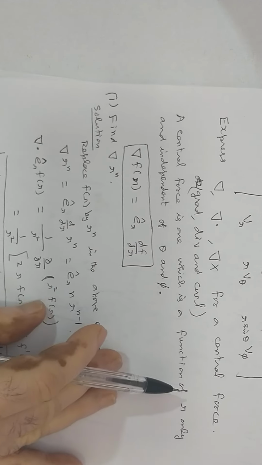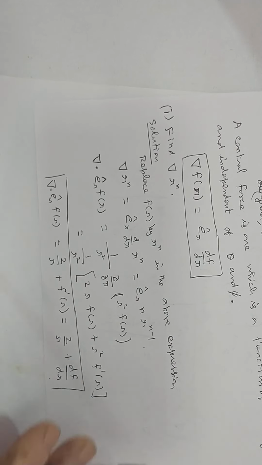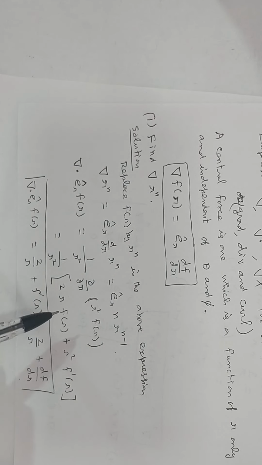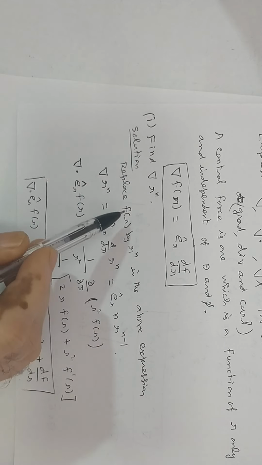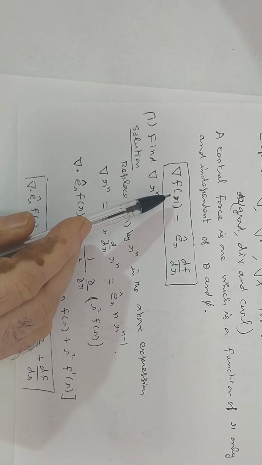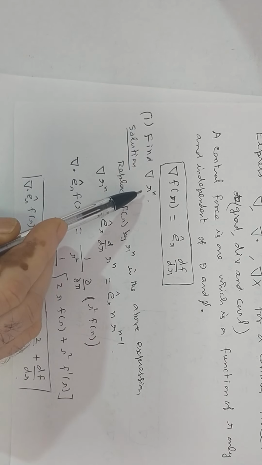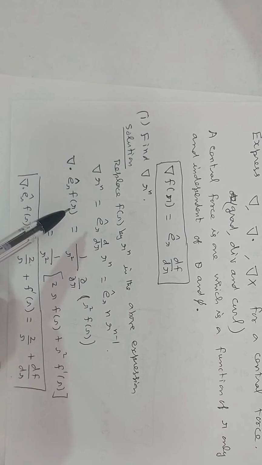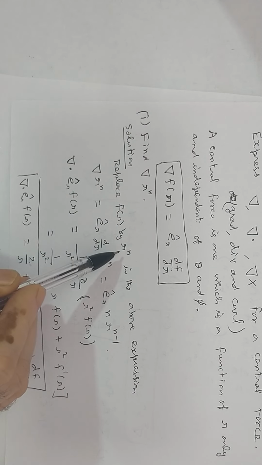Mostly the questions are asked like this: find the gradient of r power n. So what is f of r? Here, gradient of r power n, gradient of f of r. If you equate, f of r is equal to r power n.